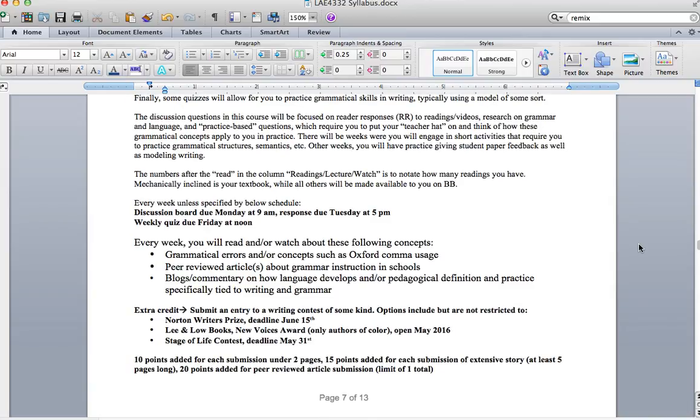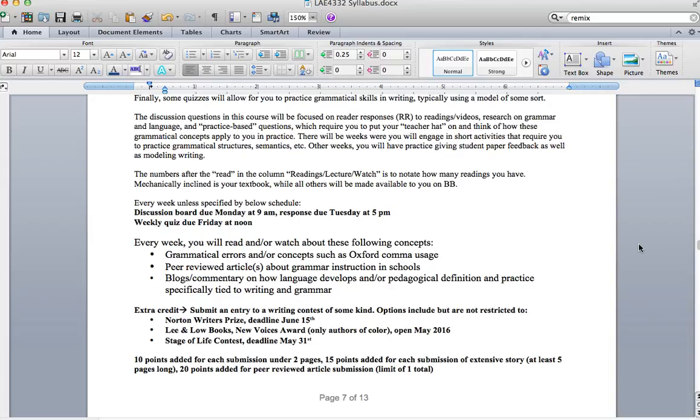A lot of the discussion questions are going to be reader response type questions. They're going to be practice-based questions. You're going to be reading a lot of different kinds of formats. So you're going to be watching TED Talks, you're going to be reading peer-reviewed work, you're going to be reading chapters out of books, you're going to be watching, reading, listening to podcasts and different items about specific grammar constructs.